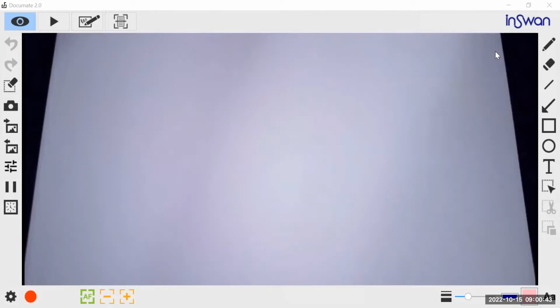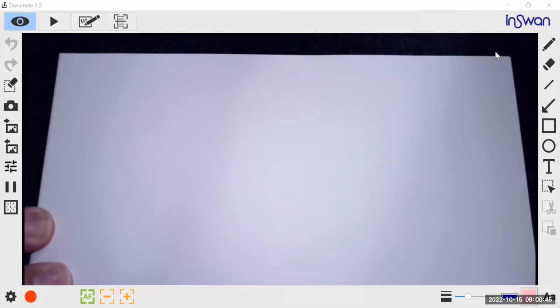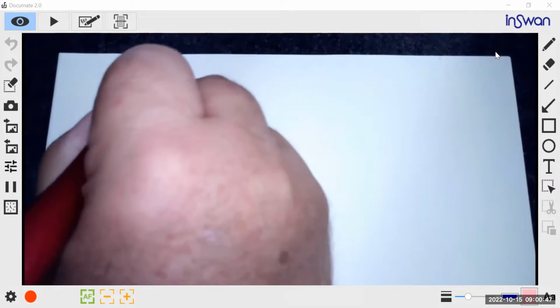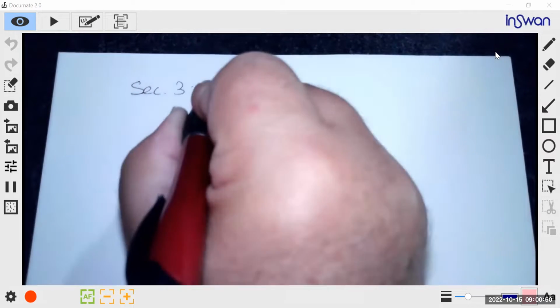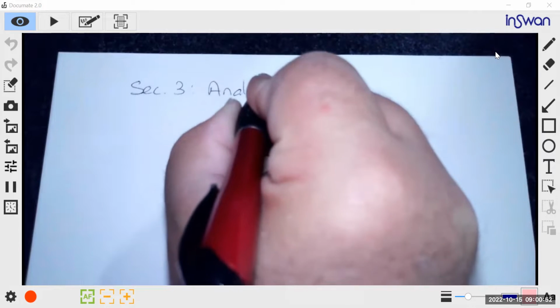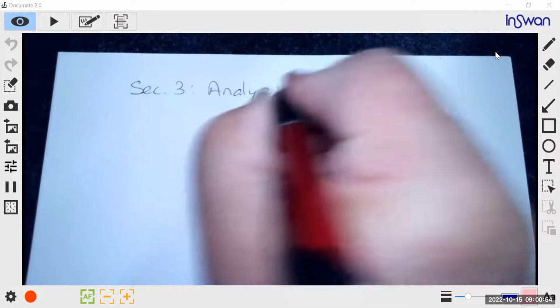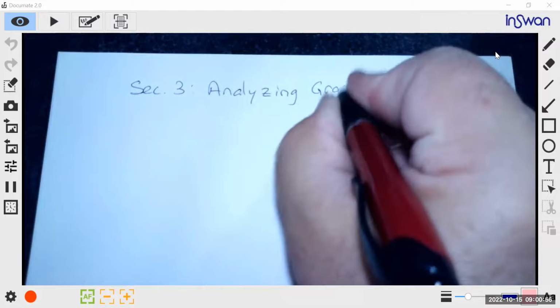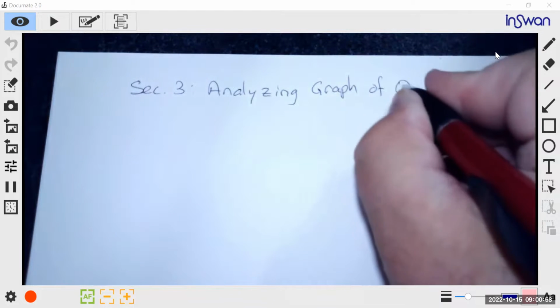Let's look at graphs. This is section 3 now. Analyzing graphs of quadratic equations.